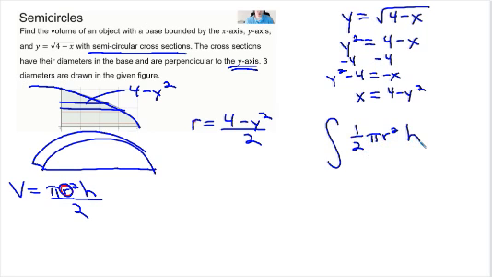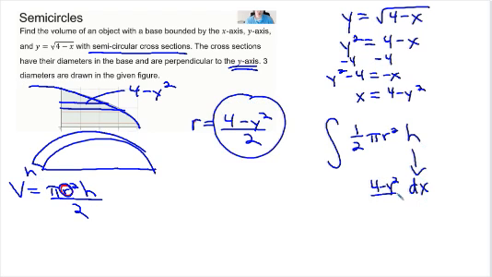So the h, this is the h over here, so that's what we're going to call our dx. My radius, we just said, is right here, so I'm going to have 4 minus y squared over 2, but it's going to be squared. And then I have a pi halves I can pull out in front.